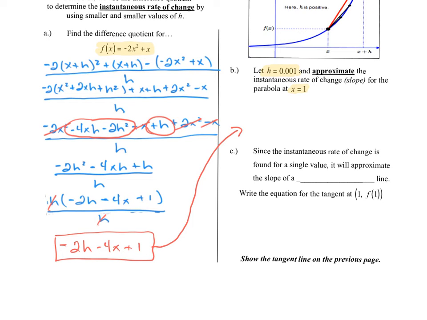So I'm going to have negative 2, my h value is 0.001, minus 4 times my x value that I've chosen, plus 1. I can type it into my calculator if I want, but I am going to get negative 3.002.